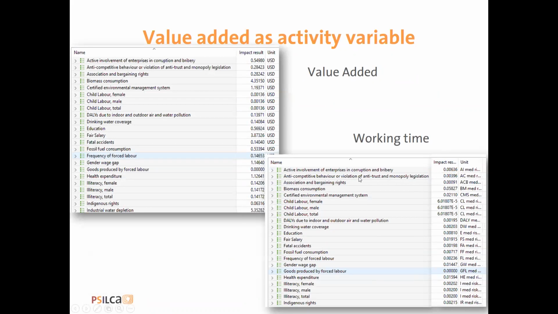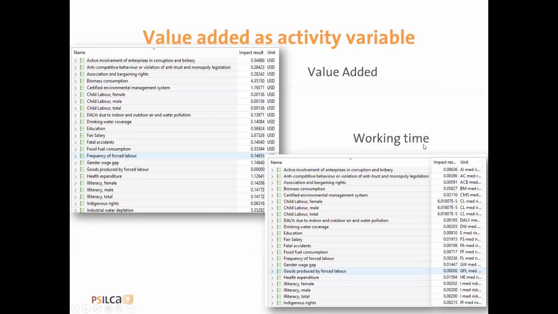And here are some first comparisons. Here impacts calculated with the value added activity variable, and here with the working time as activity variable. And then we can see, for example, I just ordered it here alphabetically, that the numbers are, of course, quite different.